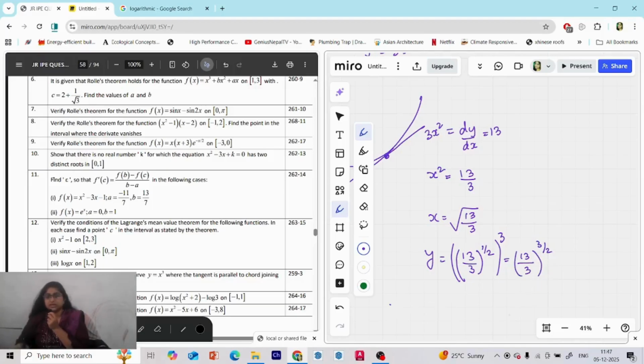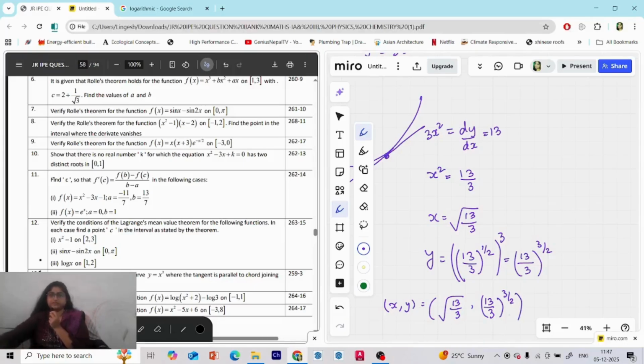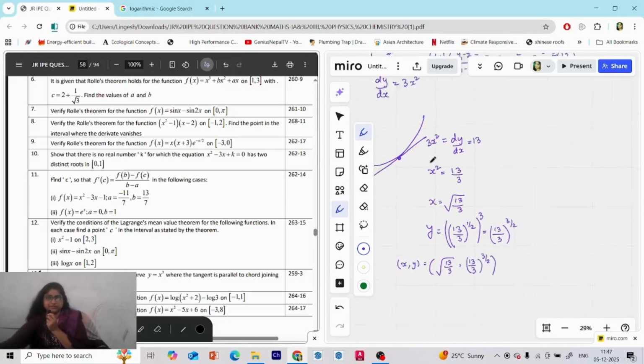Okay, so our x comma y coordinates will be under root 13 by 3 comma 13 by 3 whole power 3 by 2. Okay, fine. Next question.